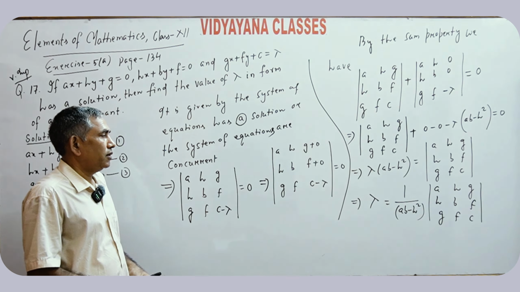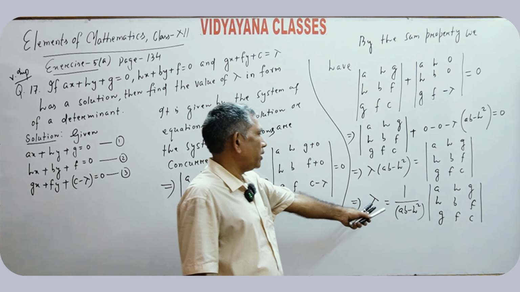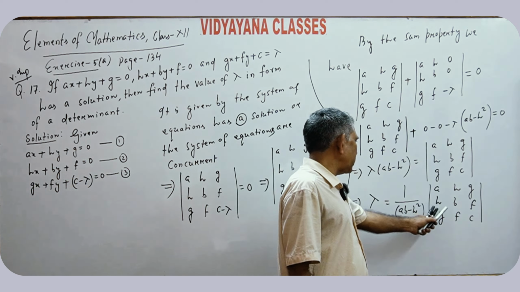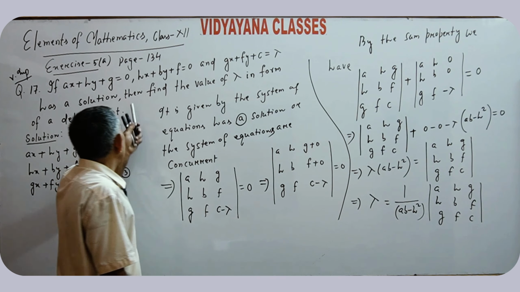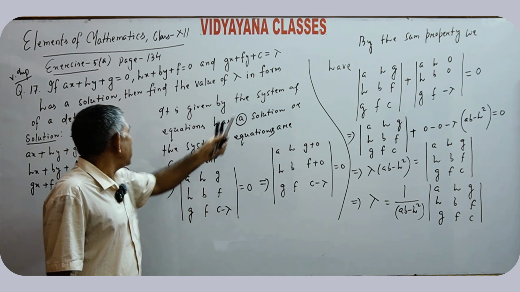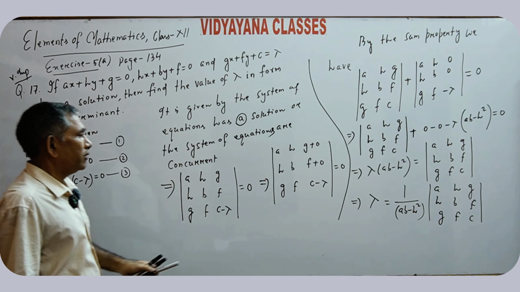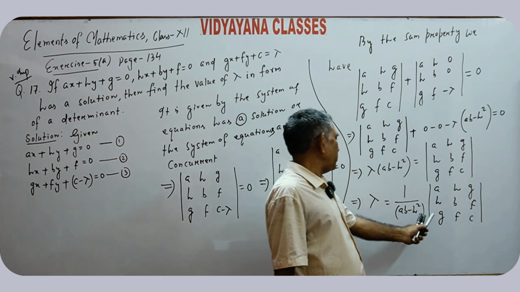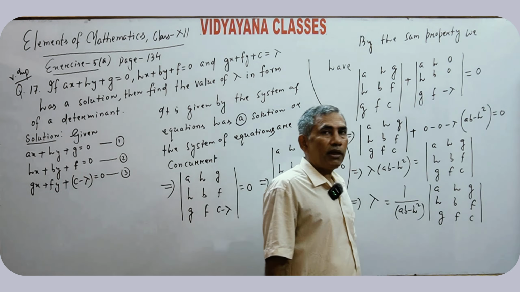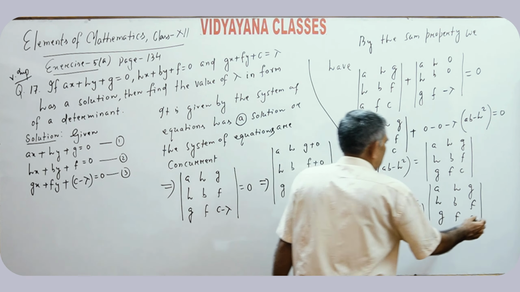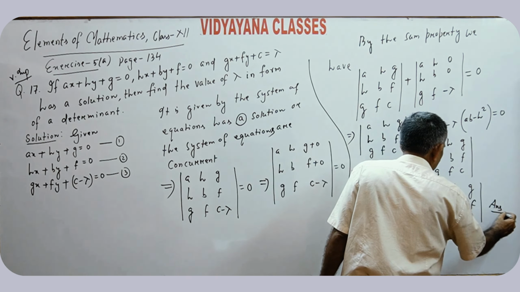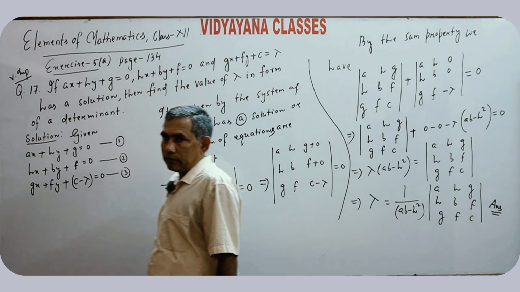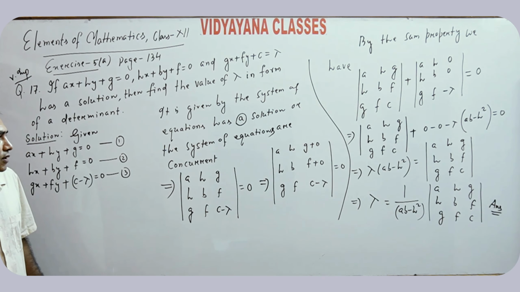It is the value of lambda in the determinant form. Find the value of lambda in the determinant form. It is the value of lambda in the determinant form is the answer. Clear? Okay. Write down.